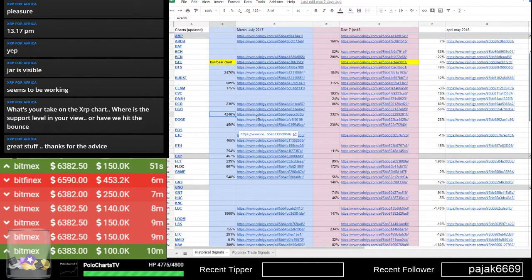And I went through the bull market of March to July 2017, the bull market of December, January, and the bull market of April, May. But you can see in April and May, there wasn't as much profit to make all the way down here. And some of them were losses, 1.6%, 2%. But some of them were pretty good, 91% for GNT and 74% through December, January. Those are huge.